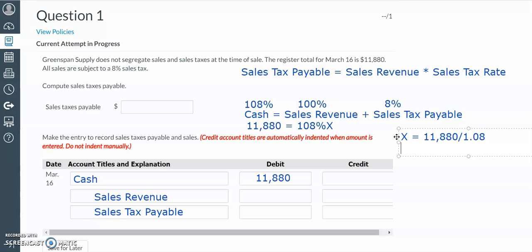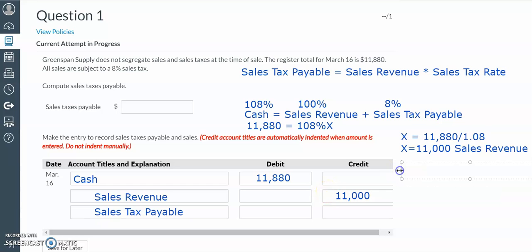So in your calculator, you want to take 11,880 divided by 1.08 to get 11,000. And this 11,000 is going to be the amount of your sales revenue. So this sales revenue is going to be 11,000.